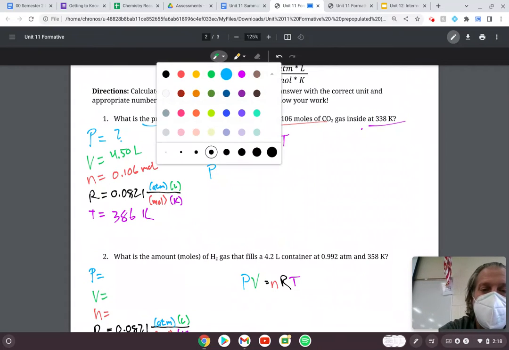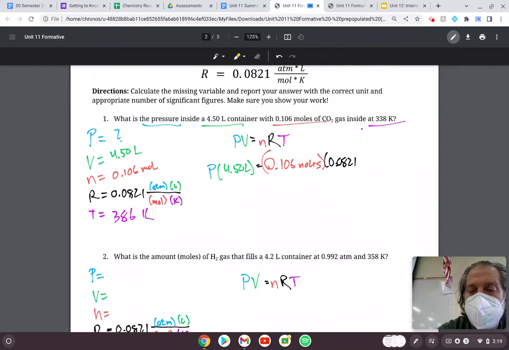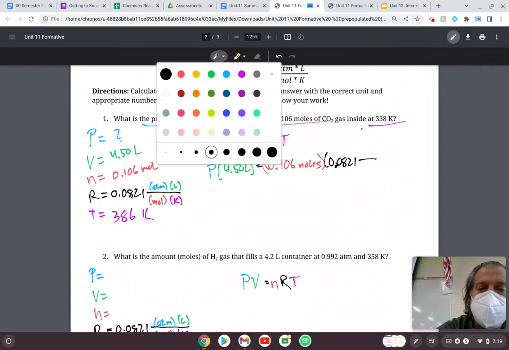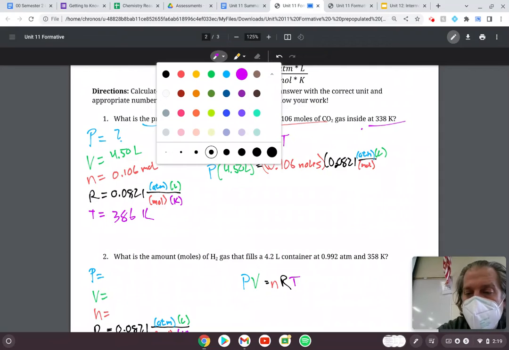Again, we are solving for pressure. We know the volume to be 4.50. The number of moles we know to be 0.106 moles. We know R is 0.0821 ATM liter per mole Kelvin.